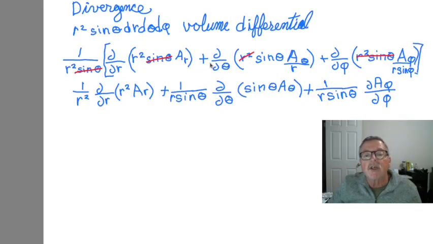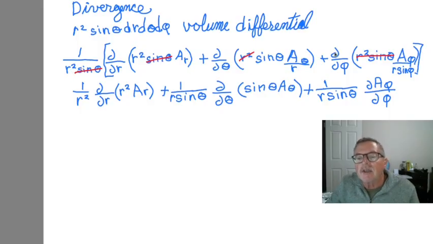Then if I go over here to the d theta, that's multiplied times 1 over r squared sine theta, and the r does not vary as theta varies. So that's a constant, so that one can be blown away, and that's sucked up by this r squared over here.